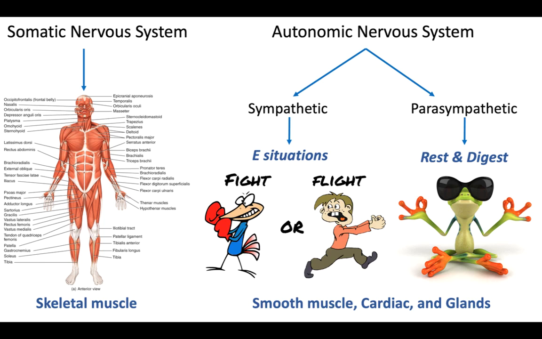Those are all E situations. Parasympathetic, we typically think of rest and digest. So what are we going to do when the body is resting? Typically, we're going to increase our digestive system. We're going to increase our urinary system because those two systems aren't necessarily useful during fight or flight.